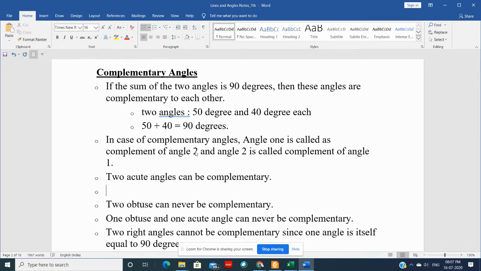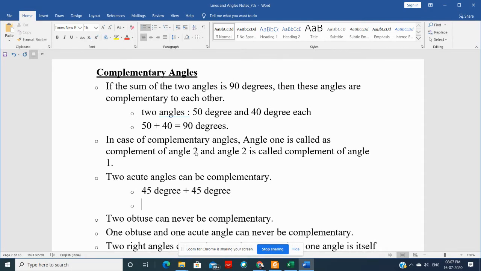Let's take an example. Let's say 45 degrees. We know that this is an acute angle. And the other one is also 45 degrees. So naturally, they sum up to 90 degrees. So two acute angles can be complementary to each other.